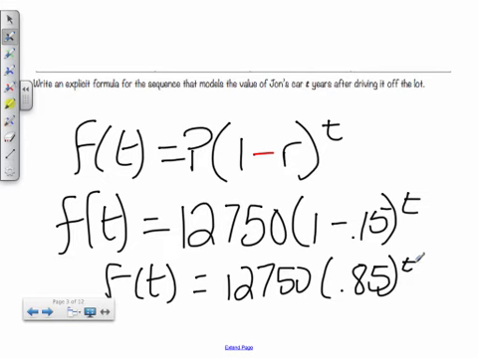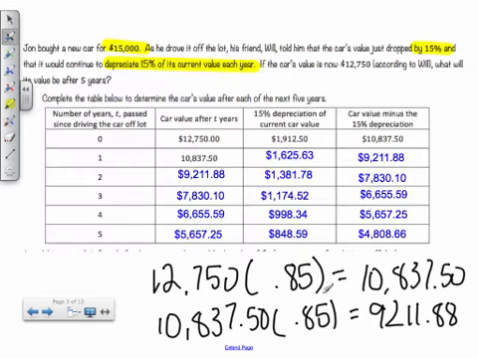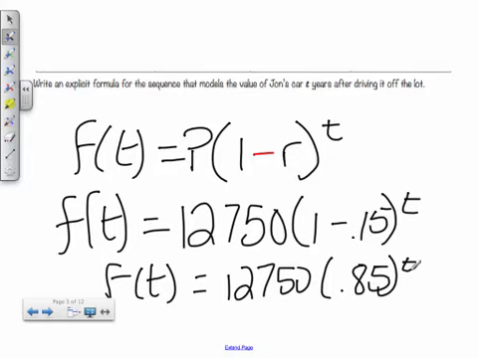Now if you notice, we ended up multiplying by 0.85 repeatedly every single time. Just like when we had compound interest, we would multiply by 105%, for example, which would be 1.05, repeatedly. Here we multiply by 0.85 repeatedly, and that's why it's raised to the t power. However many years there are is the number of times you multiply by 0.85.